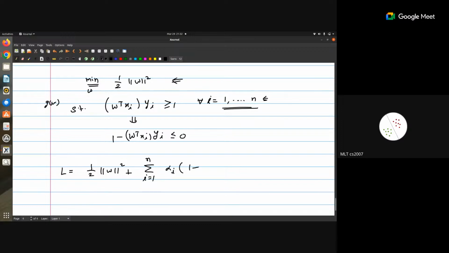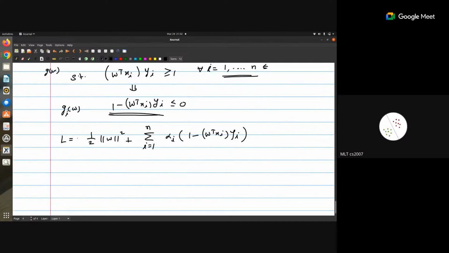Alpha_i into 1 minus y_i w transpose x_i. I hope this is okay for everyone. This is your g_i of w. So for all n, we have n constraints here, and on those n constraints we wanted to apply this Lagrangian function.